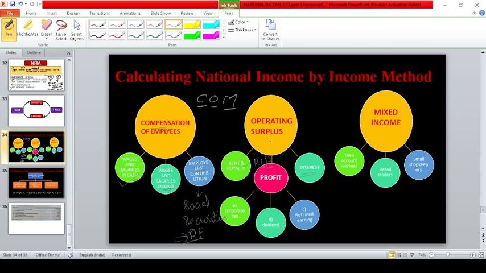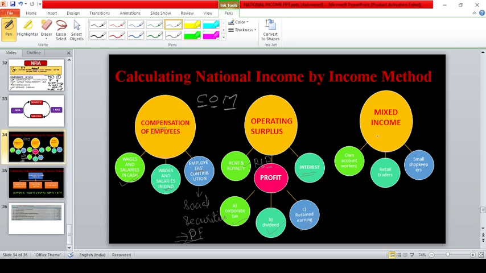Interest also comes under operating surplus, and profit consists of corporate tax, dividend and retained earning. So operating surplus is RIP, that is rent and royalty, interest and profit. Further, profit is divided into corporate tax, dividend and retained earning.